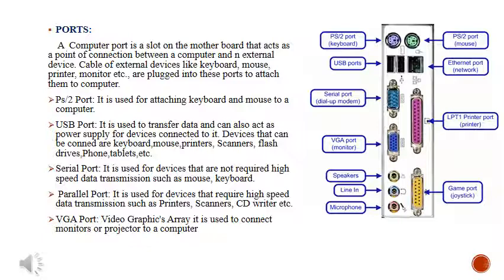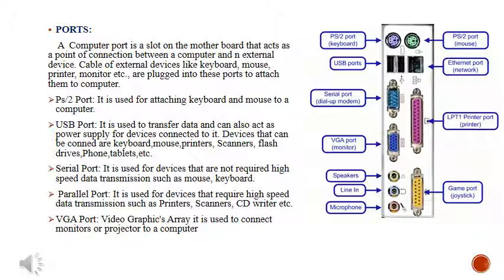USB port. USB full form is Universal Serial Bus port. It is used to transfer data and also acts as a power supply for devices connected to it. Devices that can be connected to a USB port include keyboard, mouse, printer, scanner, etc. Serial port.